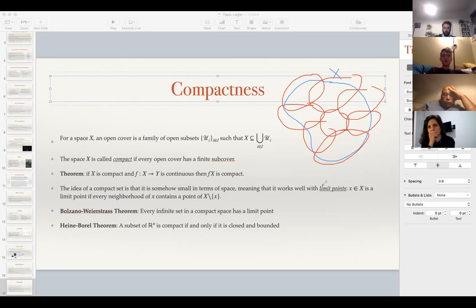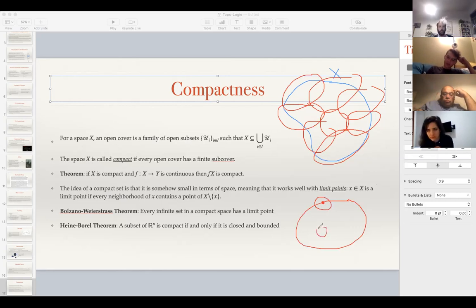Yeah, compactness works well with limit points. We say that a point is a limit point if every neighborhood of it contains a point not equal to it, but in the original set. So it's something like this. A boundary can be a limit point, because any open set I go around it is always going to have something inside.